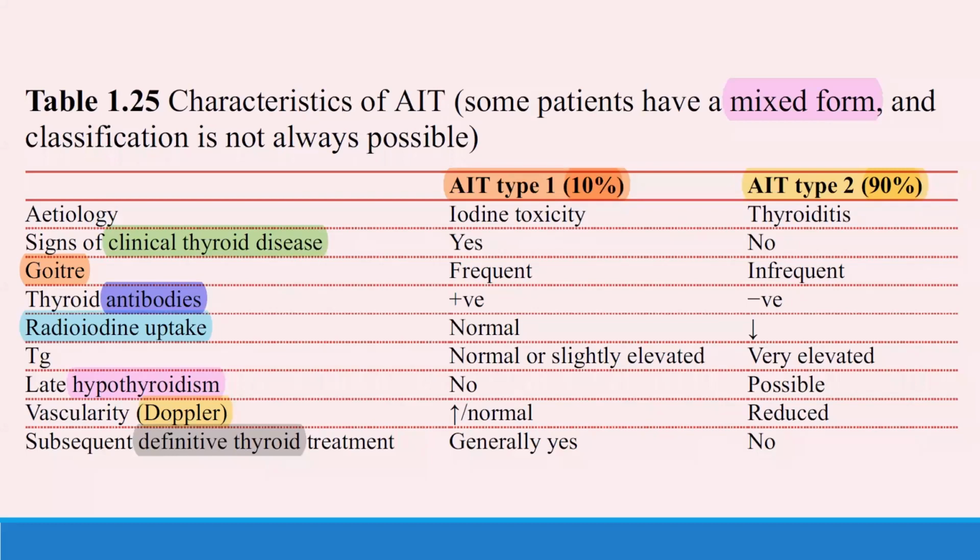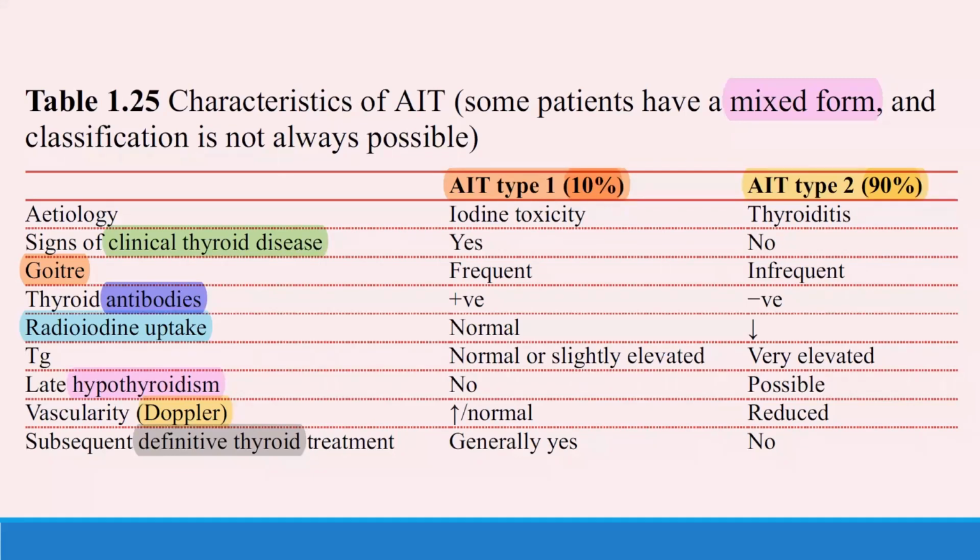Actually, we should know how to differentiate between type 1 and type 2, which is more common. Type 1 is usually due to the Jod-Basedow syndrome and usually occurs in a clinically abnormal thyroid gland. Usually there is a goiter or thyroid autoantibodies, and radioiodine uptake is usually normal, low, or high.